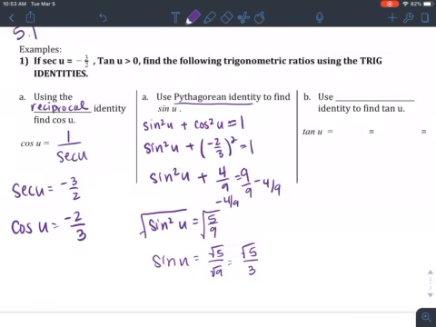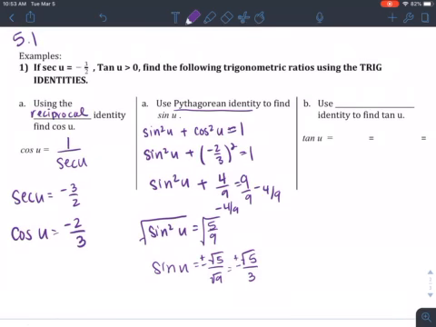Now, actually, this is plus or minus, so we have to decide which quadrant these functions are in. It looks like my cosine is negative. In what quadrants is cosine negative? I would say 2 and 3.